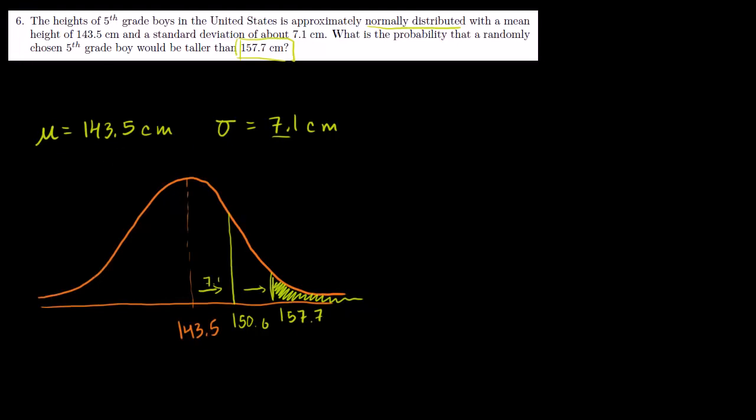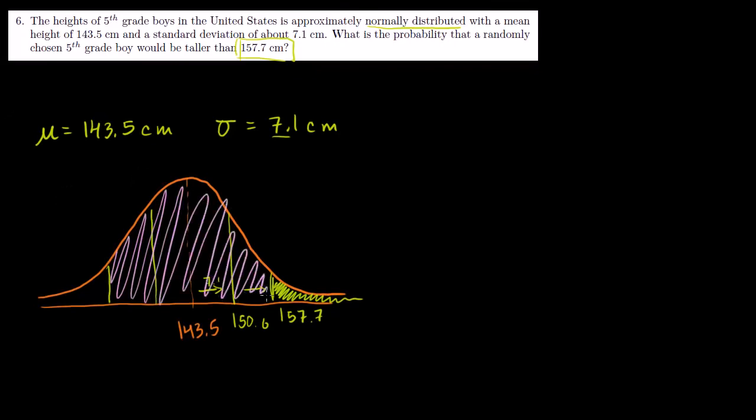So we can use the empirical rule. If we go standard deviations to the left, that's 1 standard deviation, 2 standard deviations. We know what this whole area is, the area within 2 standard deviations.